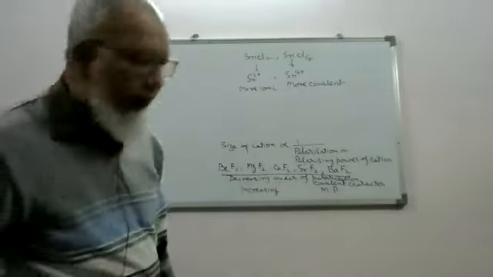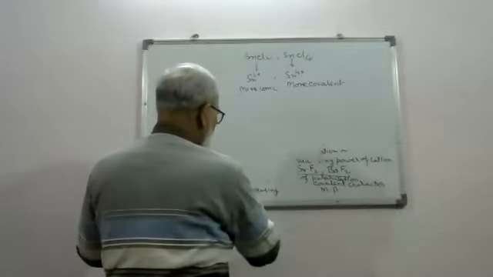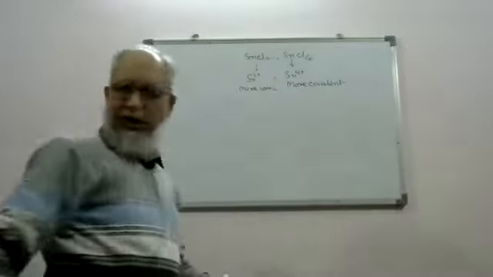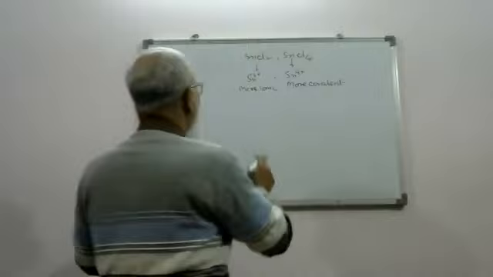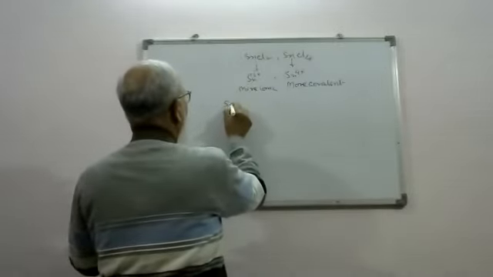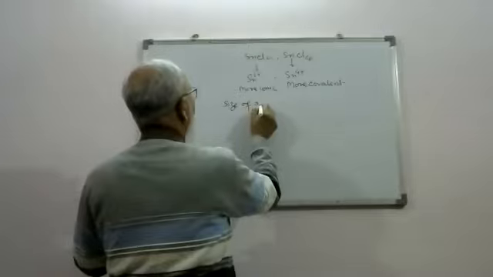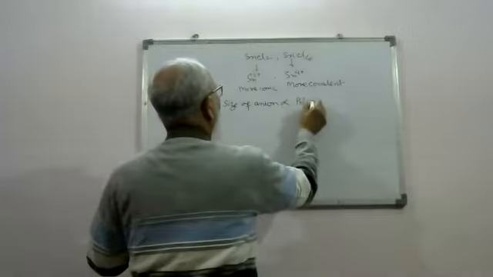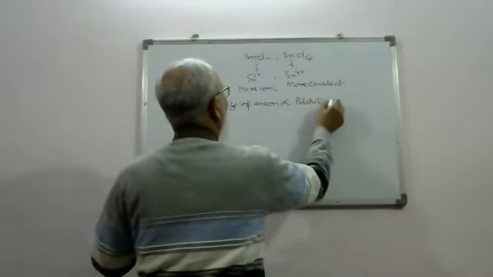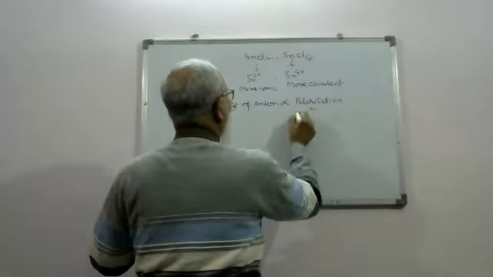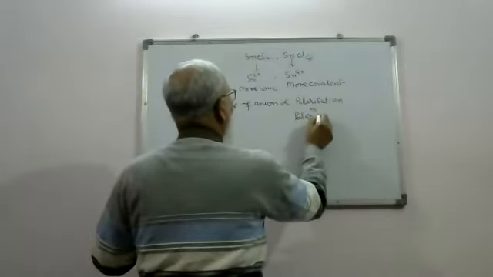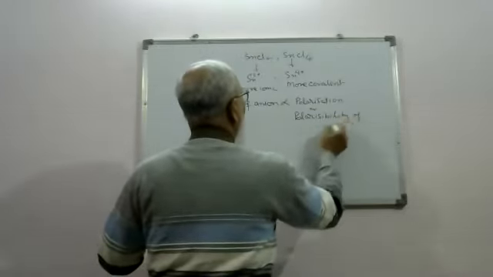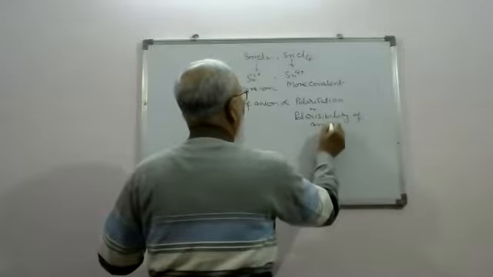Similarly, another factor which affects the polarization is the size of the anion. The size of the anion is directly proportional to the polarizability of the anion.